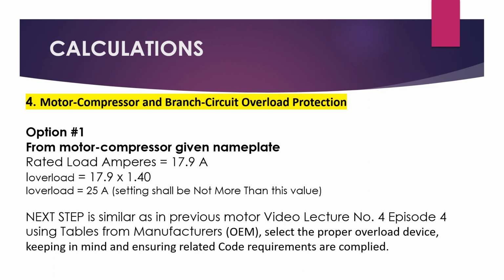So the next step is similar to the previous motor video lecture number 4 episode, using tables from the manufacturer's OEM or original equipment manufacturer. Select the proper overload device, keeping in mind and ensuring related code requirements are complied with.